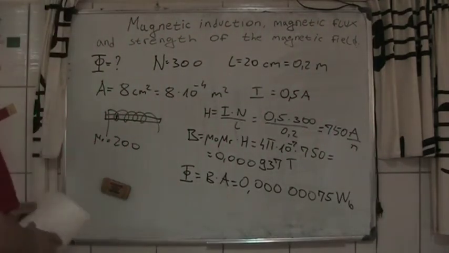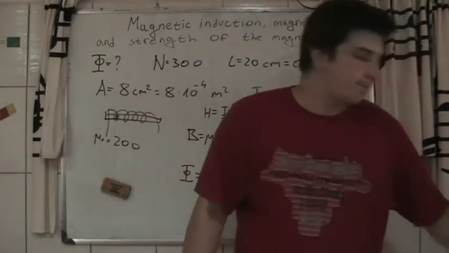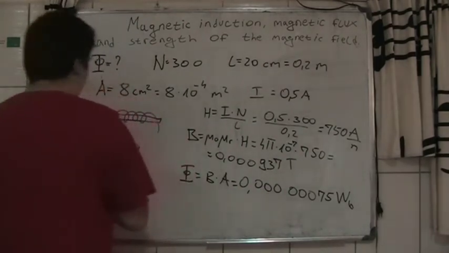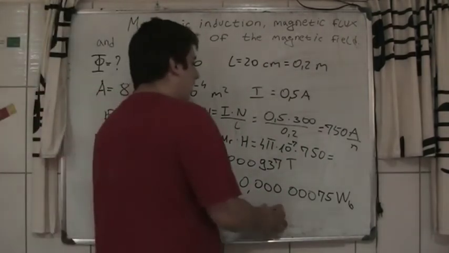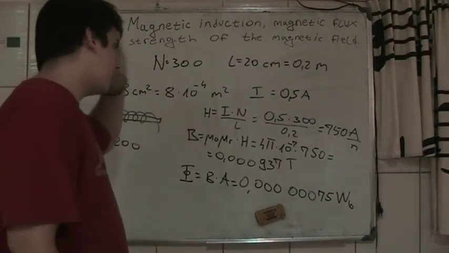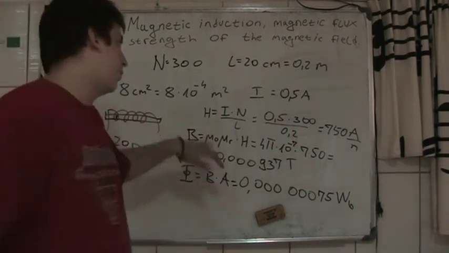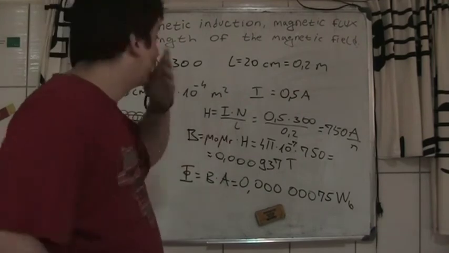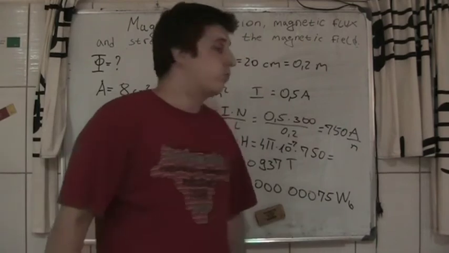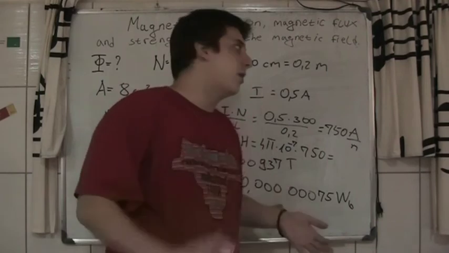Okay, so we did one example. That's all for this lecture. Let me just explain one more thing. You see here that if you put a higher current, you will have a stronger magnetic field.